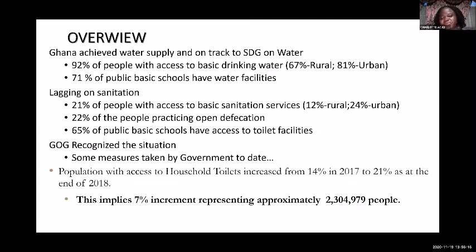So from 2017, we had only 14% access, and at the end of 2018, we had 21%, and we are hoping the next JMP survey will maybe go up a bit to 24 or 25%. So we have basically done only 7% increments when it comes to access to basic sanitation.